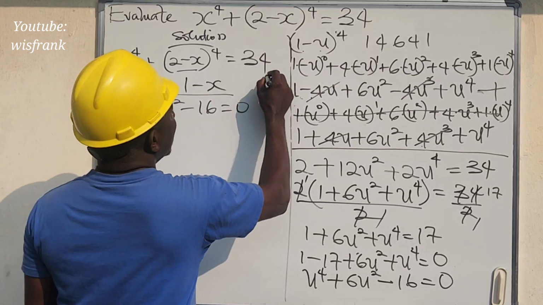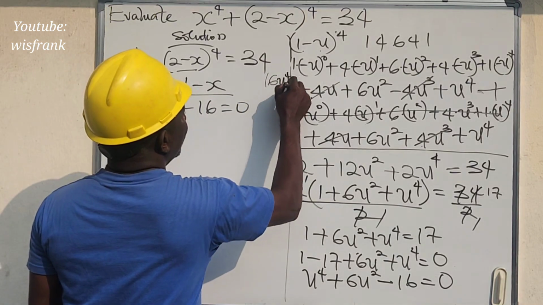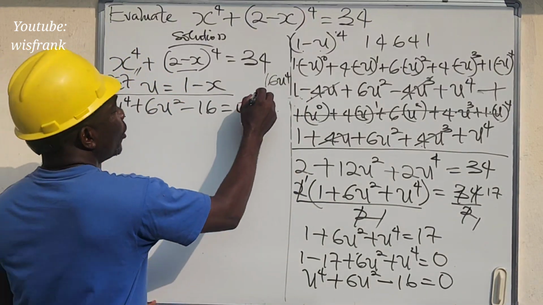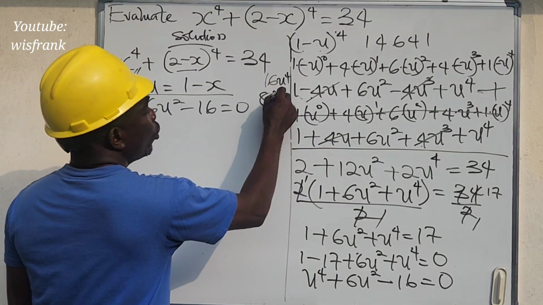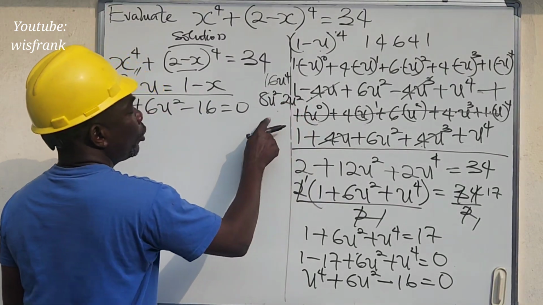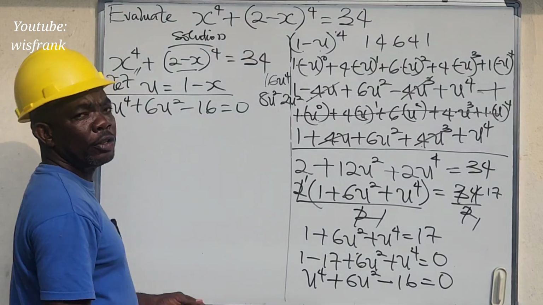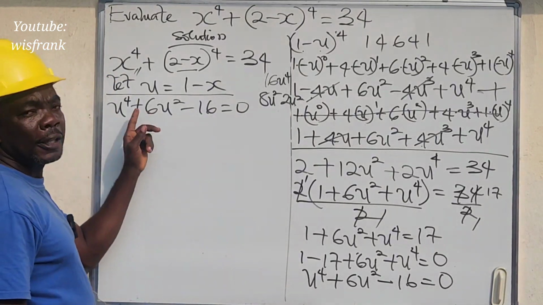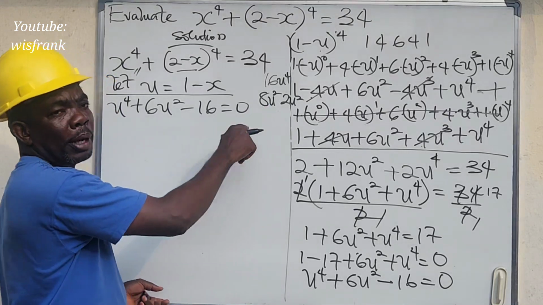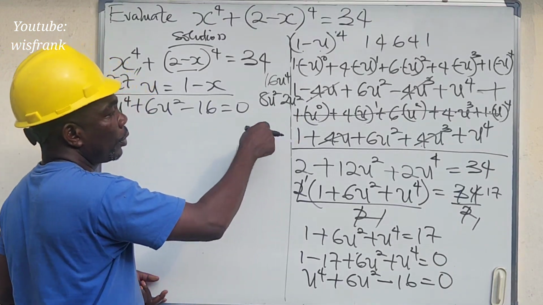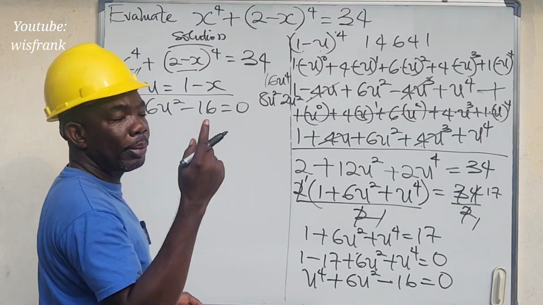So this will become 16u to the power of 4. Factors of 16 are going to be 8 and 2. So here it's going to be 8u to the power of 2 and 2u to the power of 2. When we subtract 2u to the power of 2 from 8u to the power of 2, it gives us 6u to the power of 2. And when we multiply 8u to the power of 2 times 2u to the power of 2, it gives us 16u to the power of 4.